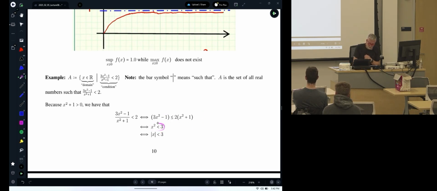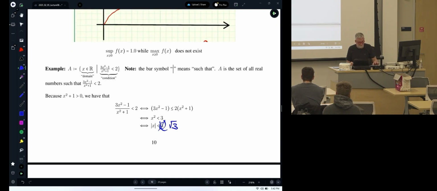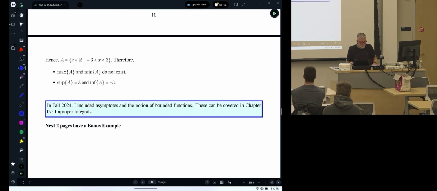And so x squared less than 3, that's the same thing as absolute value of x less than square root of 3. Okay? Then once again here, max doesn't exist, minimum doesn't exist because of the strict inequality, but the supremum is square root of 3 and the infimum is minus square root of 3.